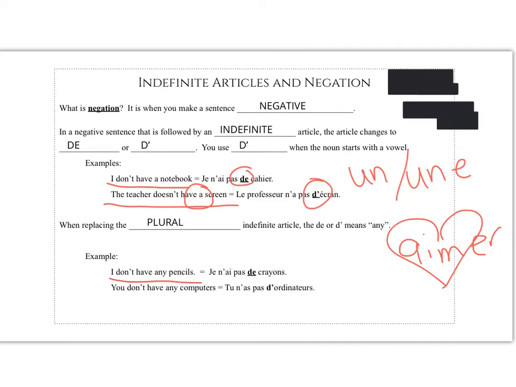That makes complete sense. But in French, they always have to say, je n'ai pas de crayon. I don't have any pencils. You don't have any computers, or you could say you don't have computers. Tu n'as pas d'ordinateur, the D apostrophe because of the O.